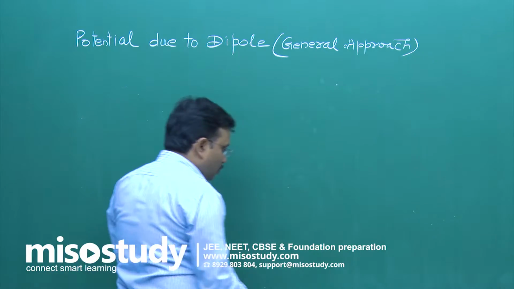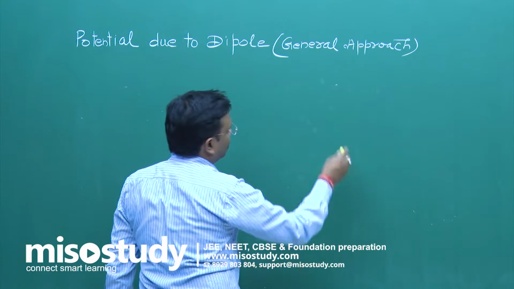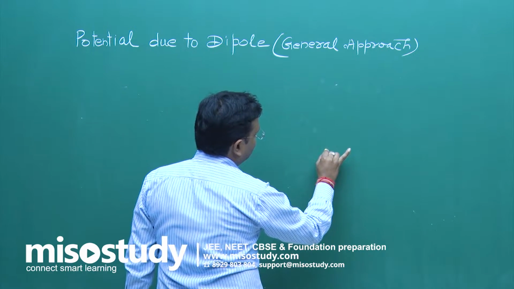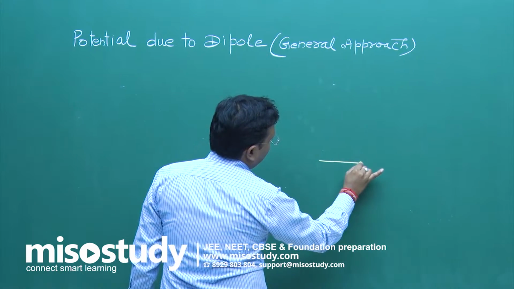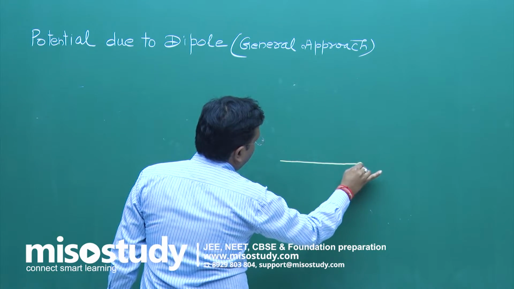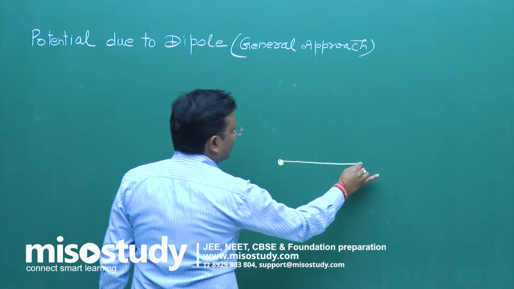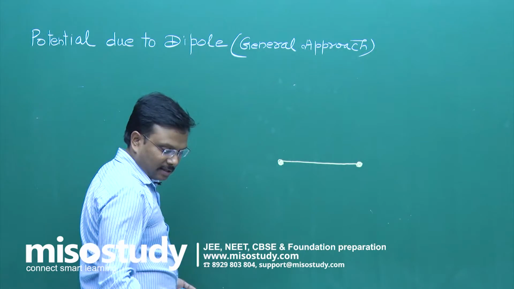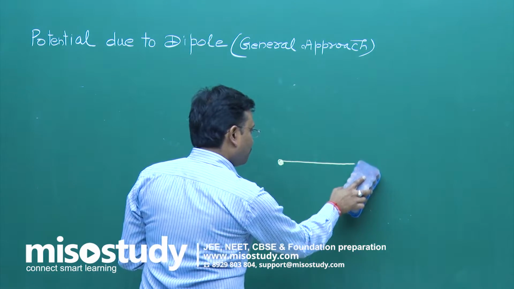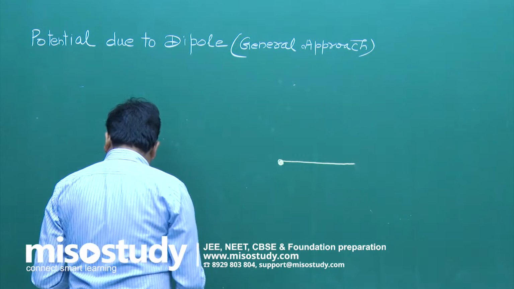I will try to use various colors to explain the situation. So the situation is like this. This is the arrangement of the electric dipole. Fine. I think I should use a very colorful diagram for all of you.